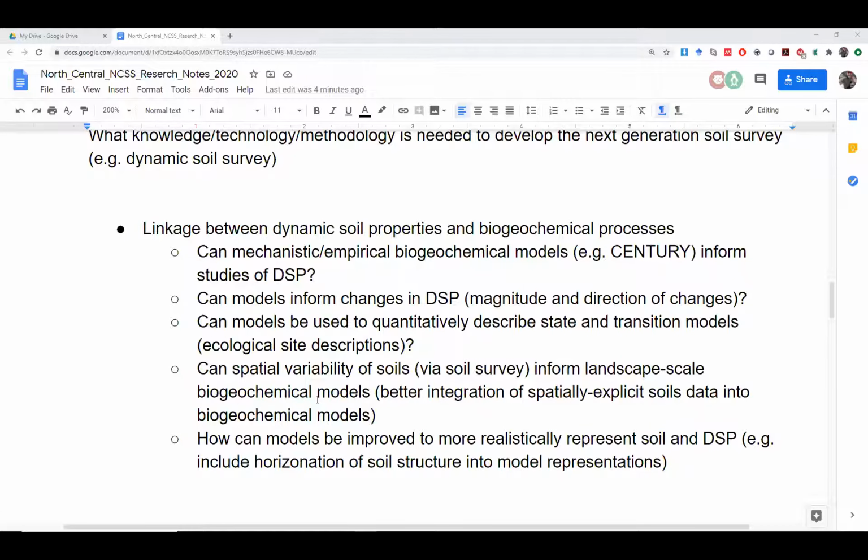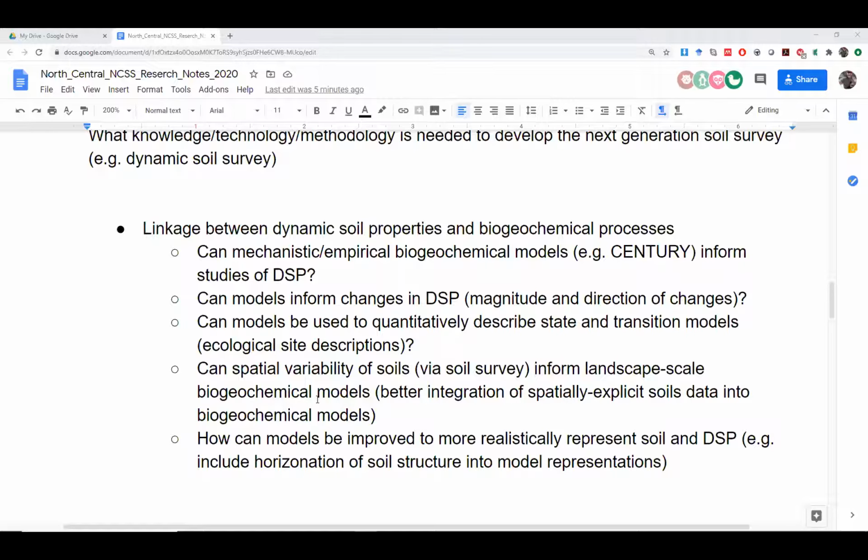Specifically thinking about ways of linking up with other researchers who work more on the mechanistic or empirical biogeochemical modeling side, and how we can integrate some of those other efforts in biogeochemistry to inform the work we're doing related to dynamic soil property inventory. So thinking about ways we can integrate some of these models into DSP studies.